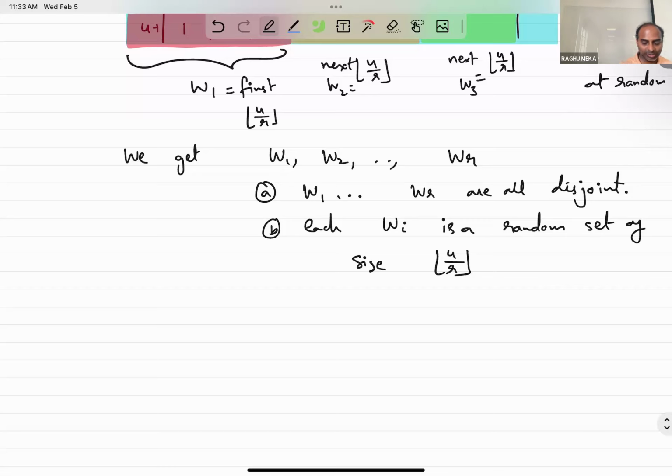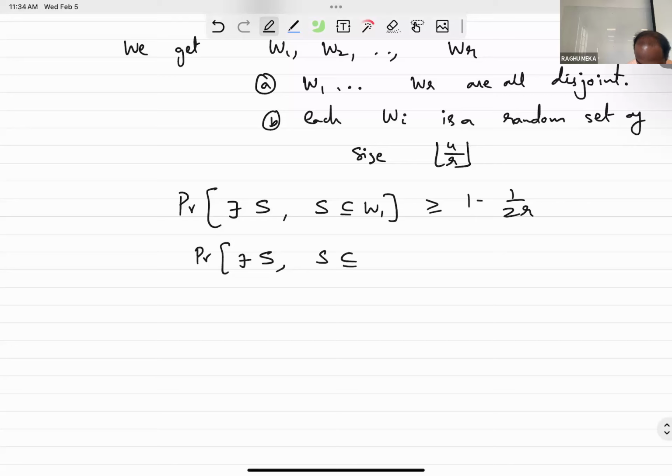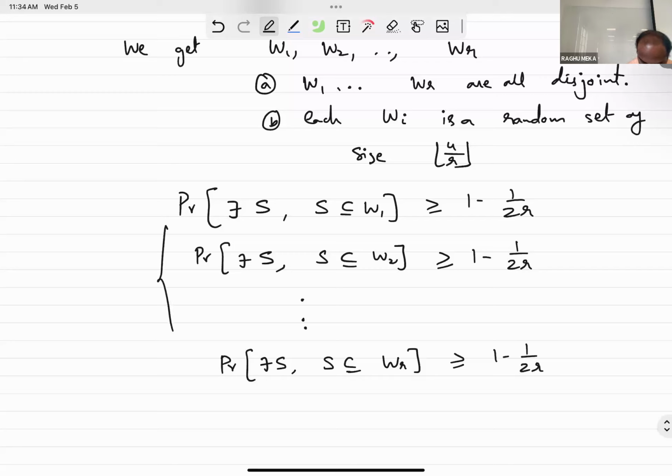So what does this mean? This means we have the probability that there exists S such that S is contained in Wi is at least 1 minus 1 over 2R, by applying the robust sunflower lemma to W1, W2, through WR.